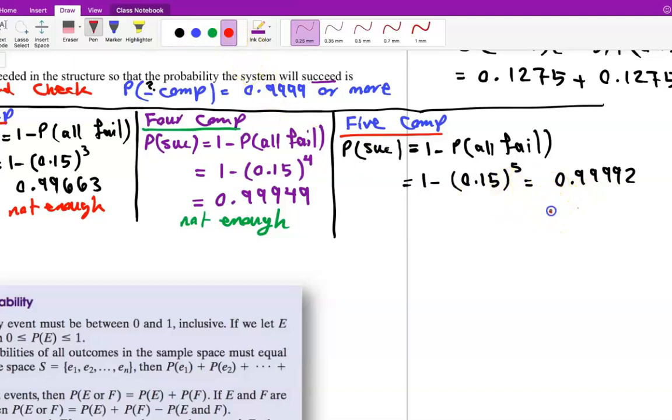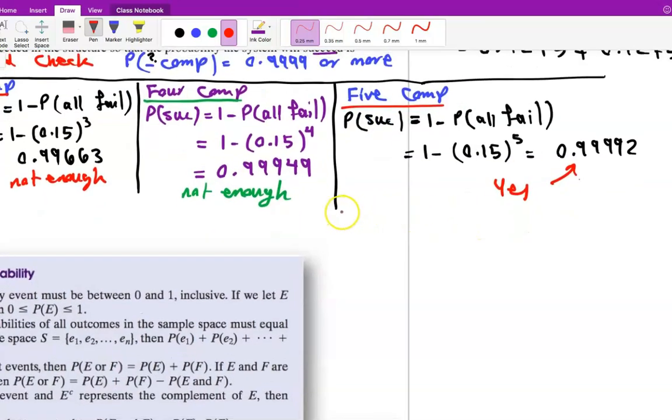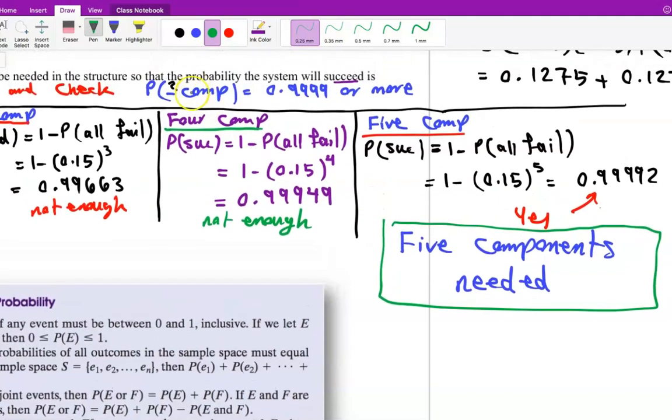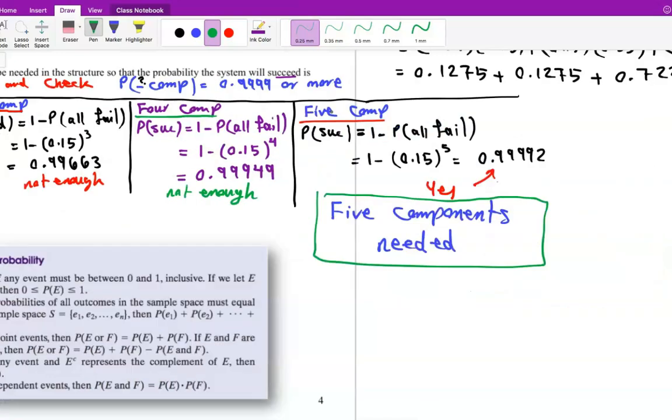So yes, this one is enough. And what that means is that on this part we need 5 components to have this probability greater than or equal to 0.9999.